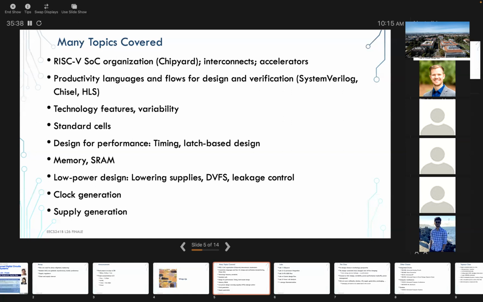Then we spent a good chunk of our class on low power design: what happens with lowering supplies, with dynamic voltage and frequency scaling, with leakage control, and how we switch between those points. We spent a lecture on power generation, one lecture on supply generation and its interactions with the plant, and that is it. We got the flavor of pretty much everything.